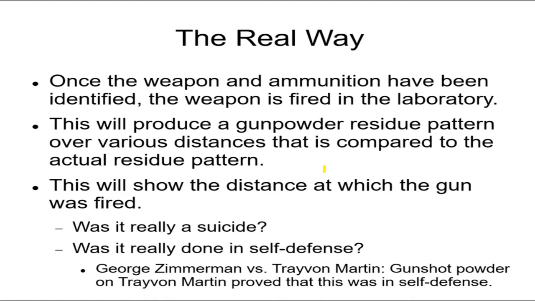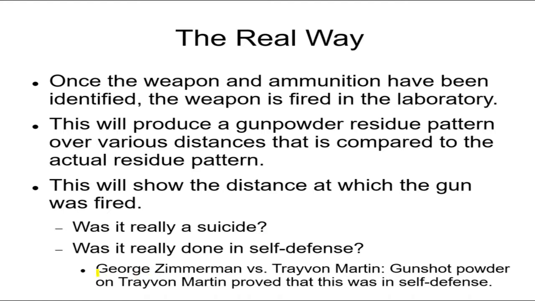The guy was 2 feet away. And you can also tell, by the way, then whether it was a suicide or not. If it was more than 3 feet away, it's maybe a person had really long arms or something, but whatever, very often you can tell whether it was a suicide. If there's no trace of gunpowder at all, it's very likely that it was someone, let's say, 4 or 5, 10 feet away, and could not have been, at least not a normal suicide. Or it could be done in self-defense.